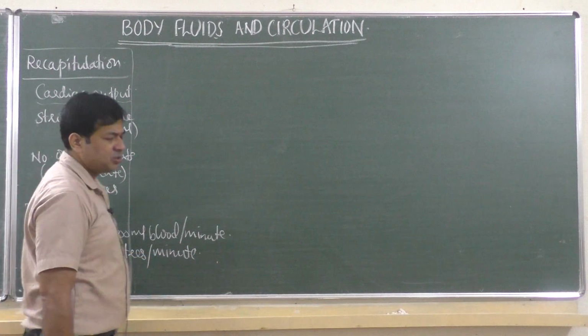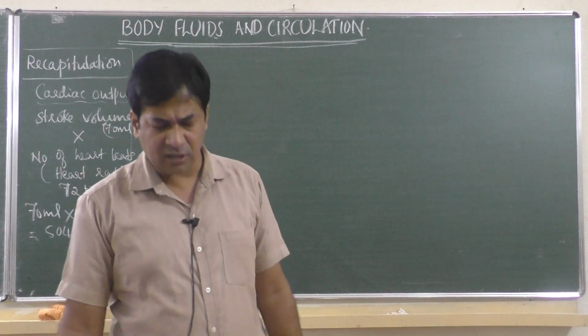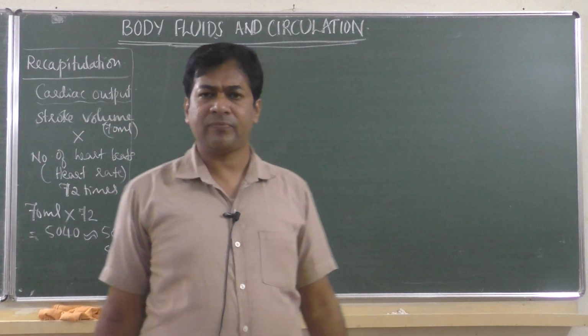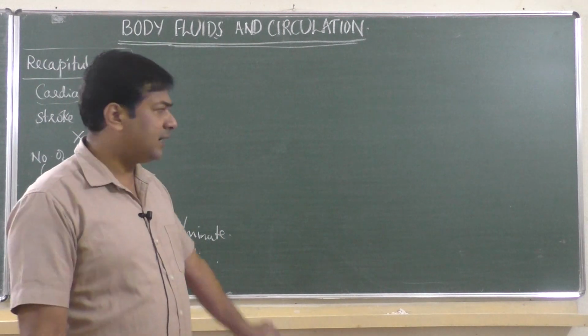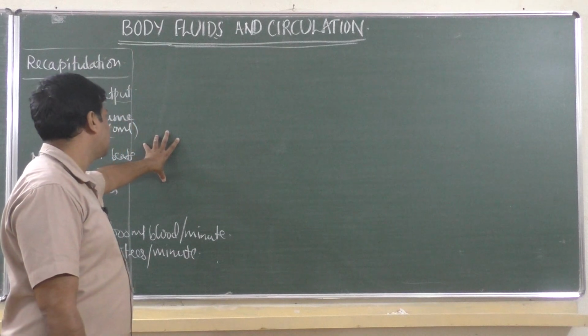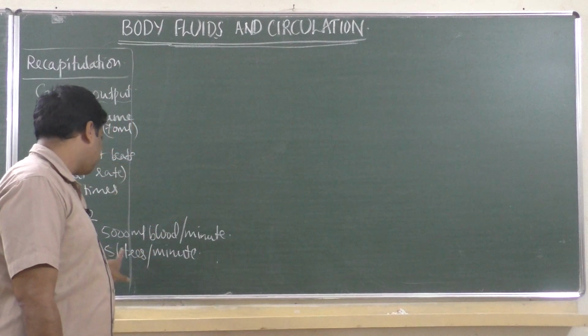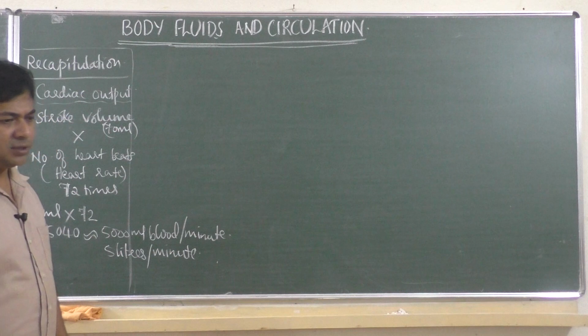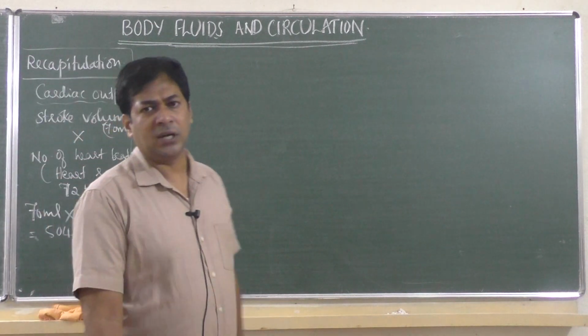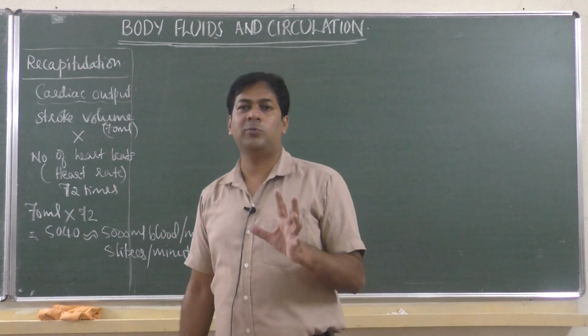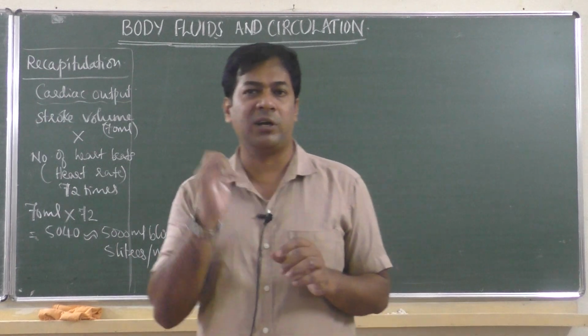So don't get confused with the previous class. At the end I did not finish it, so we had to discuss this. This is what we discussed in the last class, 5000 ml. So cardiac output is very simple. It is the total volume of blood pumped by the ventricles in 1 minute.